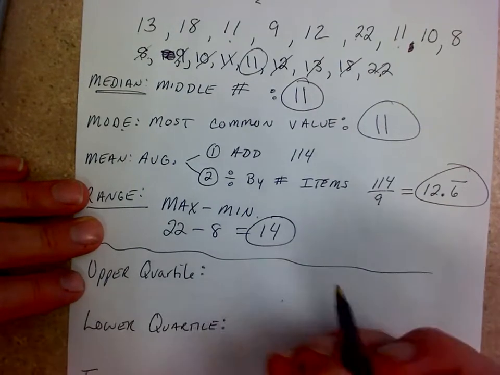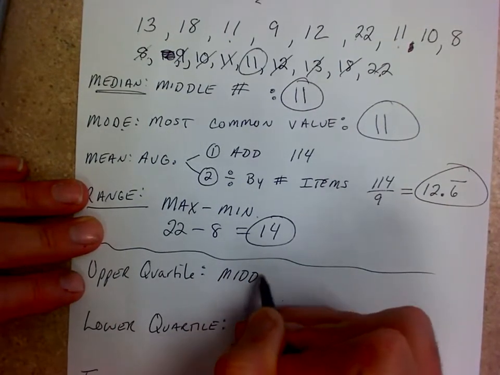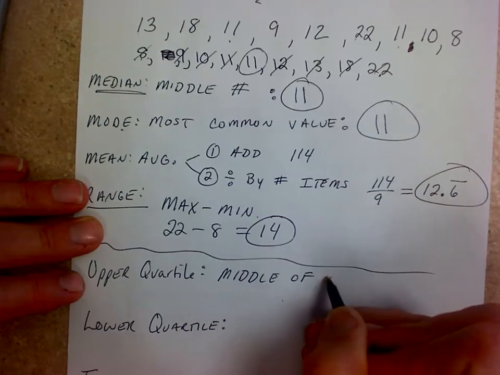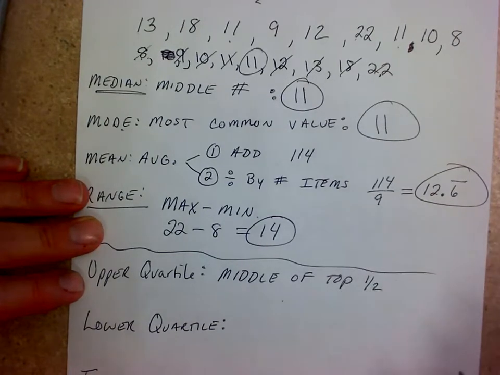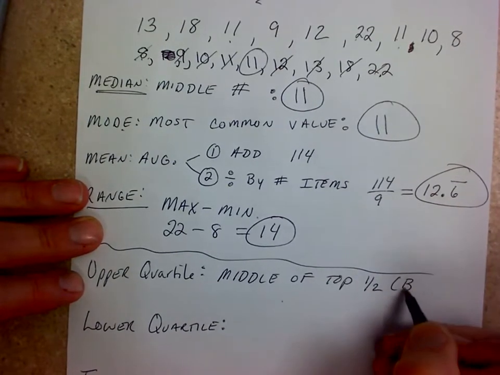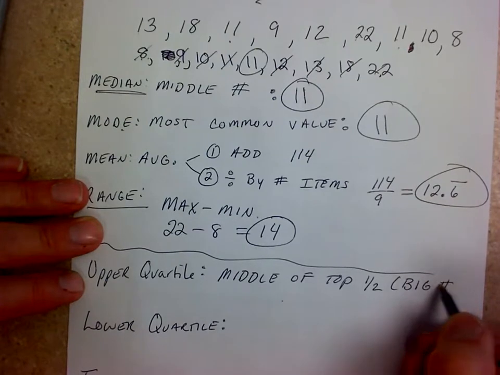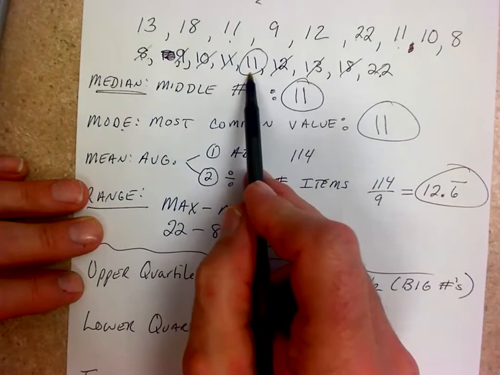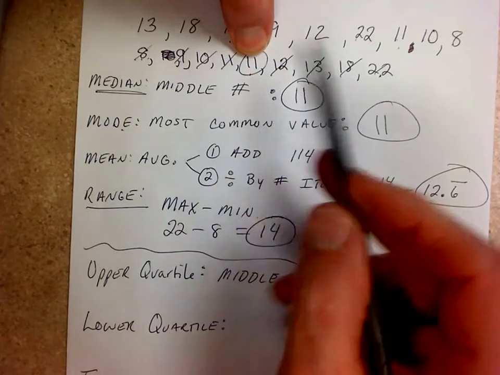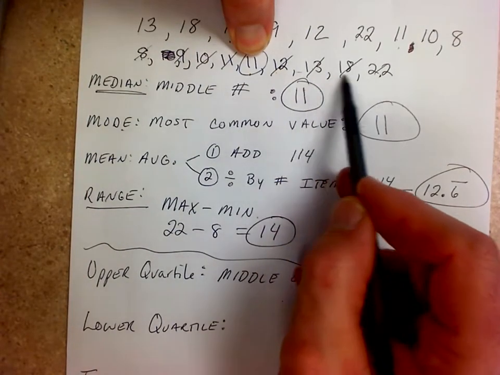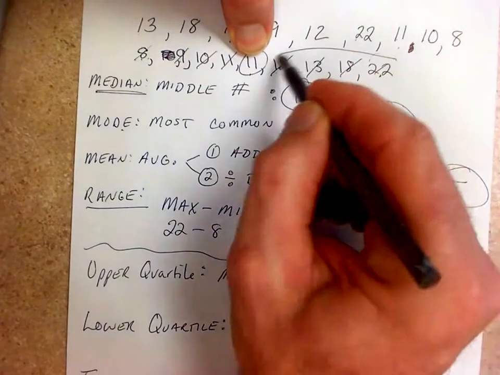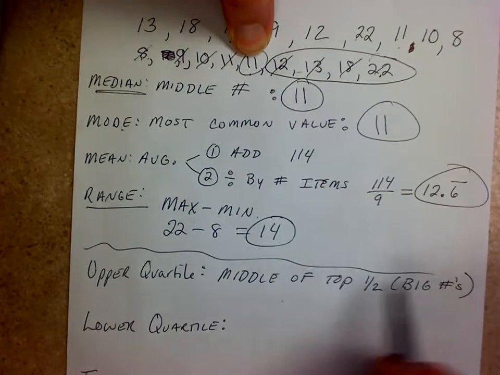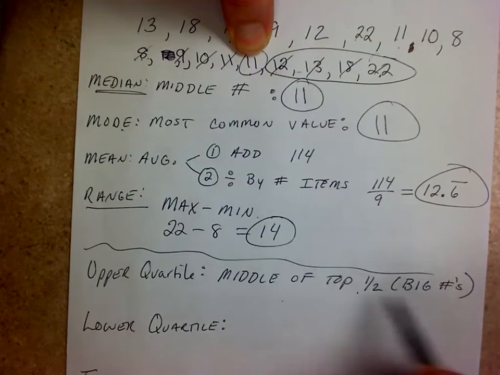Upper quartile is the middle of the top half, or the big numbers, however you want to look at it. If we come up here to our list, here's our median, so that's the breaking point. That determines that these four terms are our top half, or the big numbers.